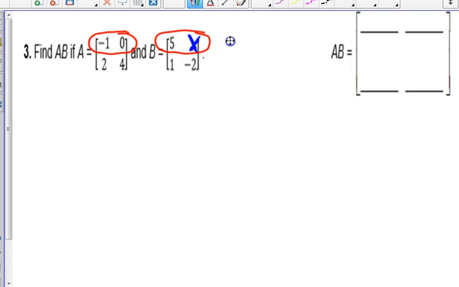All right, this becomes, yeah, what did I just do? That's what I was confused about. Okay. Row times column. Thank you. I was a little distracted there. So it's negative 1 times 5 plus 0 times 1, which should be negative 5, yes?